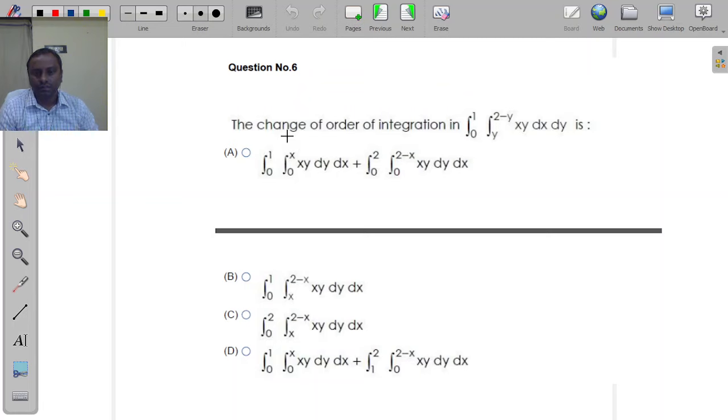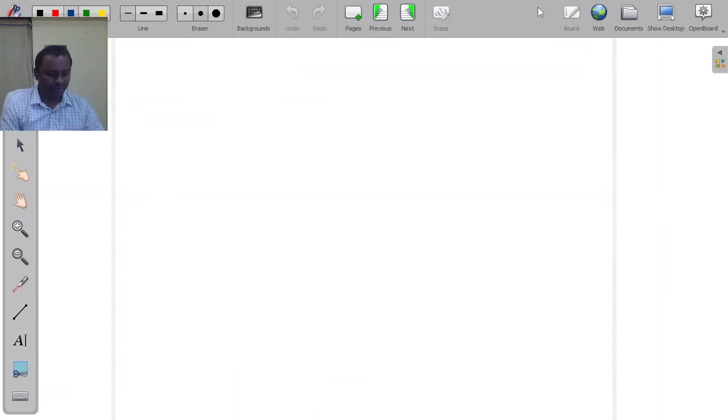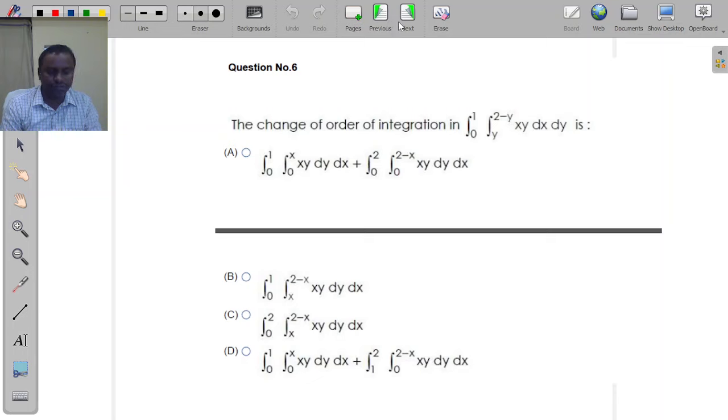For the change of order of integration: integral 0 to 1, integral y to 2 minus y, xy dx dy. We have to change the order of integration. Now what they have given is integral 0 to 1, integral y to 2 minus y, xy dx dy.